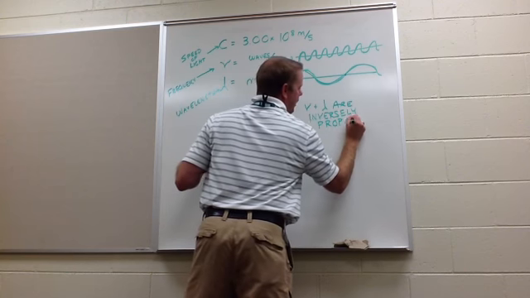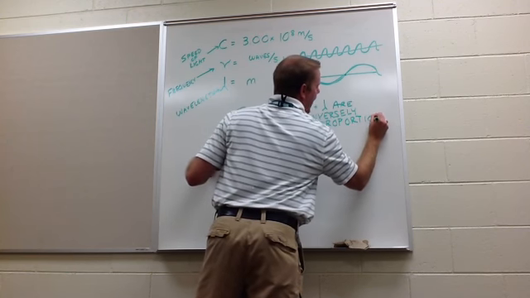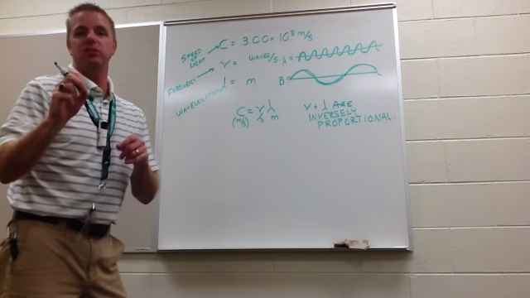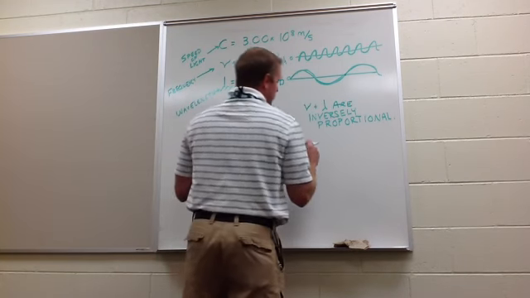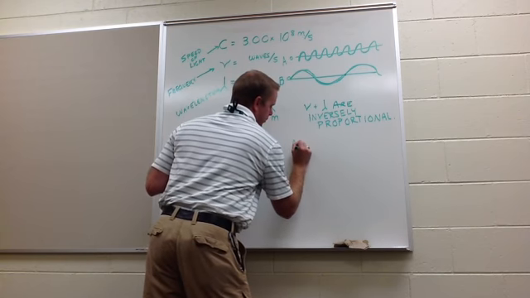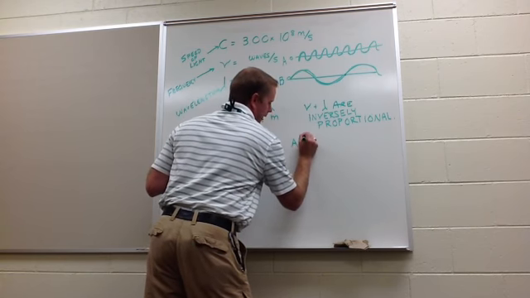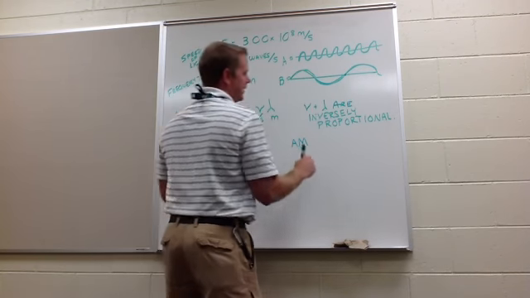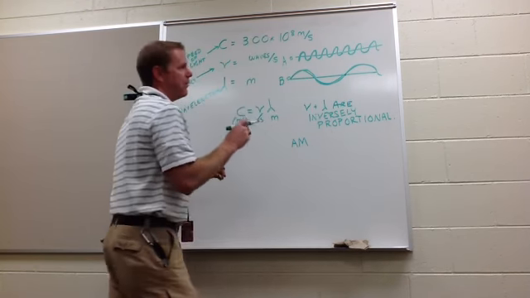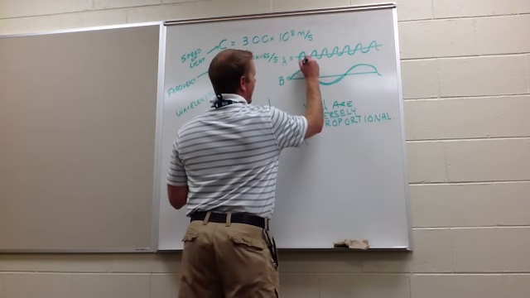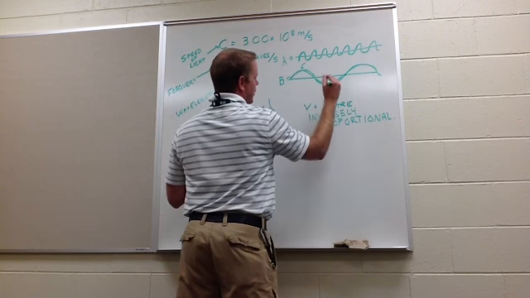Now let me tell you, what's the real world application of this? Well, AM and FM radio is really the best way to explain it. So AM radio means amplitude modulated. Now, in a wave, we have different points that we look at. You have the top of the wave, which is called the crest.